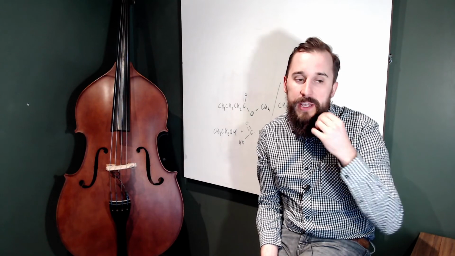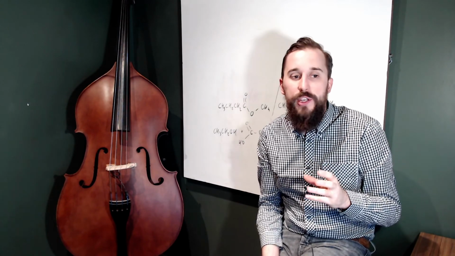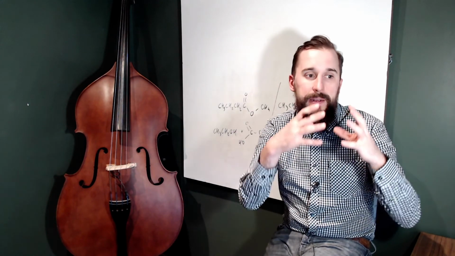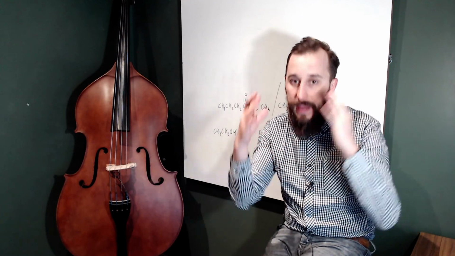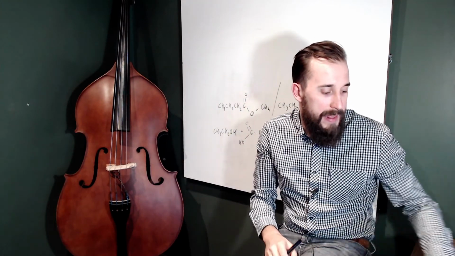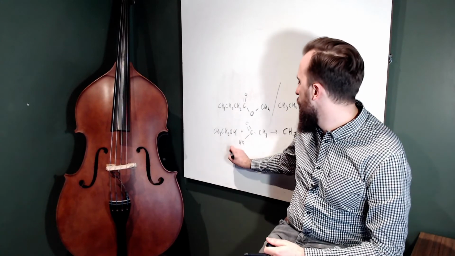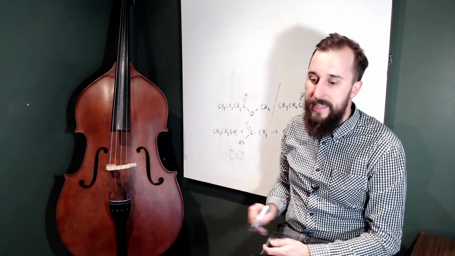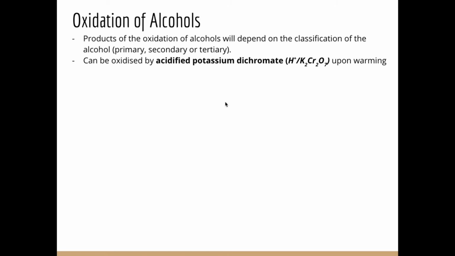We don't need to know the specific mechanisms of these reactions, but we need to be able to identify that with acidified potassium dichromate, we're thinking oxidation reaction. We can just represent it with the bracket O as our oxidizing agent in the reaction. This has a very characteristic orange color that is a result of the dichromate ions in the solution. When it's acting as an oxidizing agent, it itself is reduced.